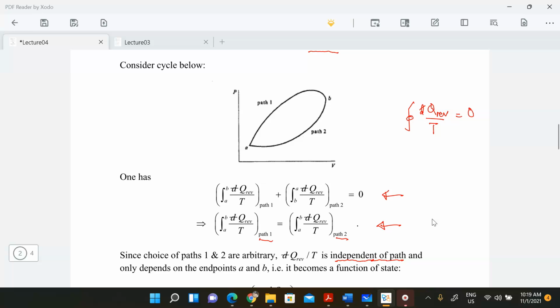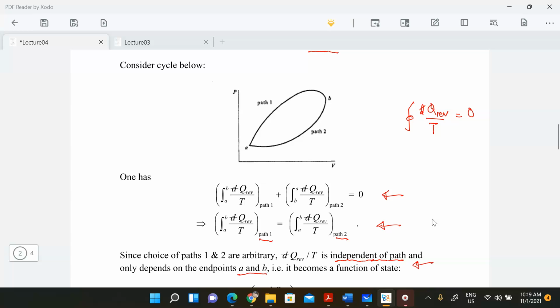Essentially it is also independent of path, and the quantity that is represented over here, whatever it is, is equal in these two cases. It will depend only on the endpoints. So this is precisely the thing that we have mentioned before.